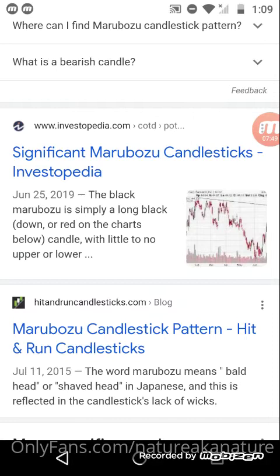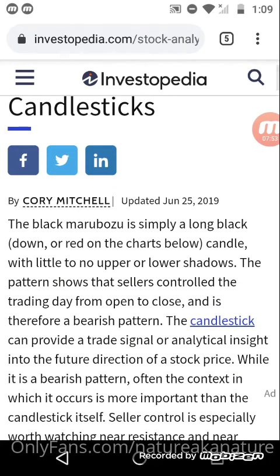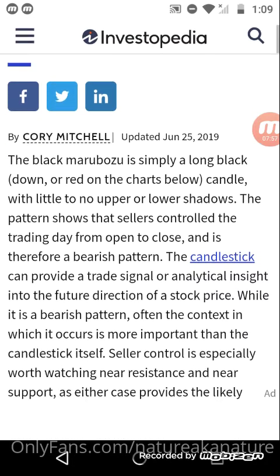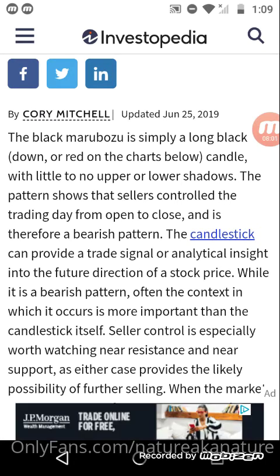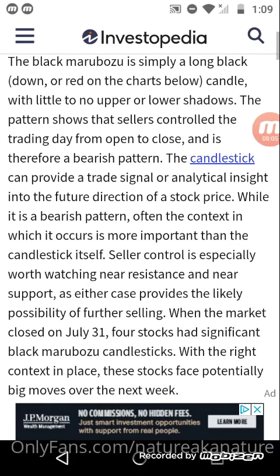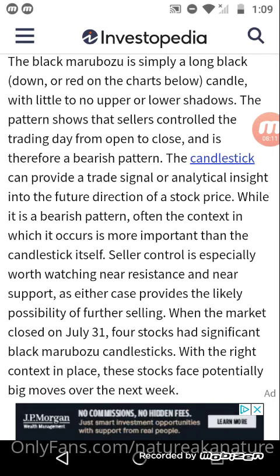We can go in even deeper here and talk a little bit about it. The candlestick will be black or red, with no upper shadows. If it's red, the pattern shows that sellers were in control from the opening to the close of the trading day. If you see a long red candlestick, therefore, it's a bearish pattern.